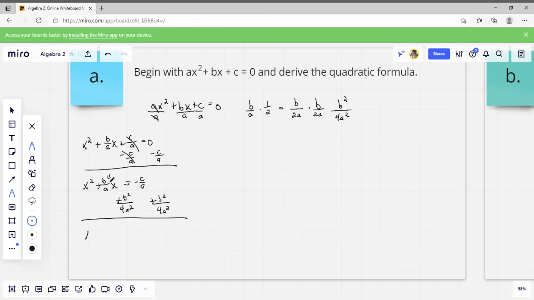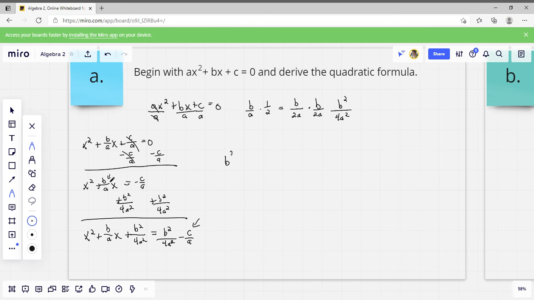So we're going to have x squared plus b over a x plus b squared over 4a squared equals b squared over 4a squared minus c over a. Okay, and then we want to put those two together so we get a common denominator.